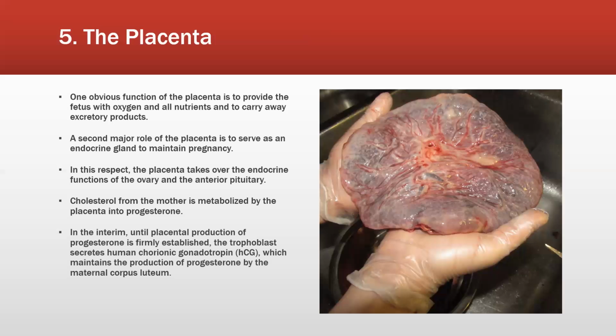So while this is all taking place and placental production of progesterone is established, it's the trophoblast, which is that small group of early embryonic cells, that secretes something called human chorionic gonadotropin, or HCG. And HCG is what is detected as a metabolite in the urine for your at-home urine pregnancy test. So what HCG does early on is it basically helps to maintain the production of progesterone by the maternal corpus luteum, which is found in the ovaries.